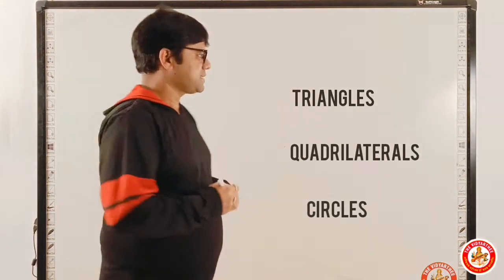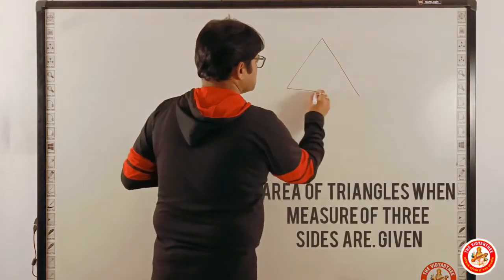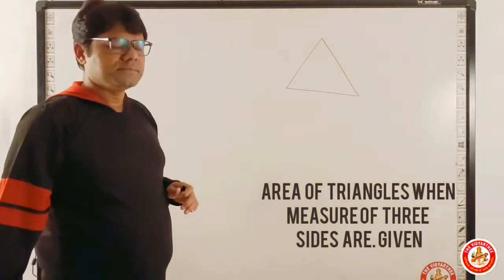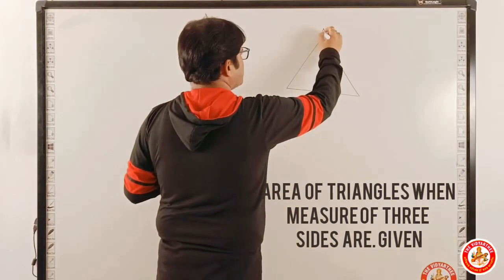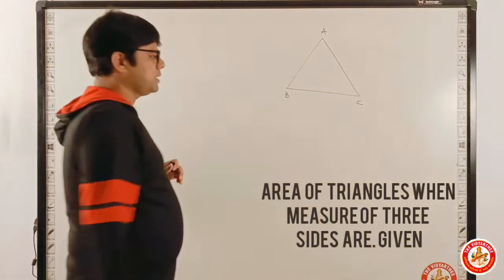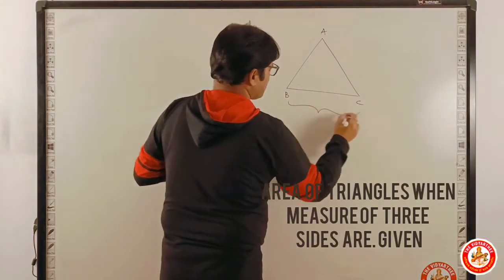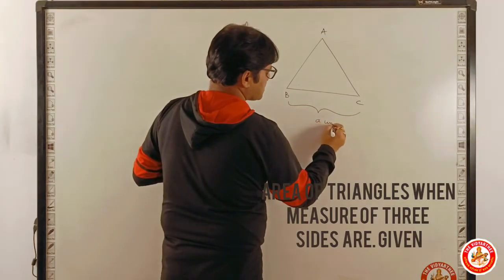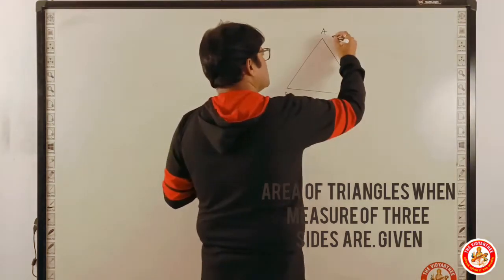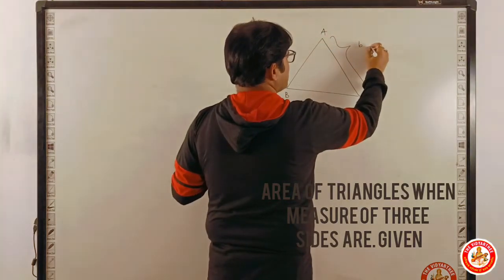For example, I have a triangle, triangle ABC, right? Measuring the side length of BC is say A units. The side length of AC is B units.